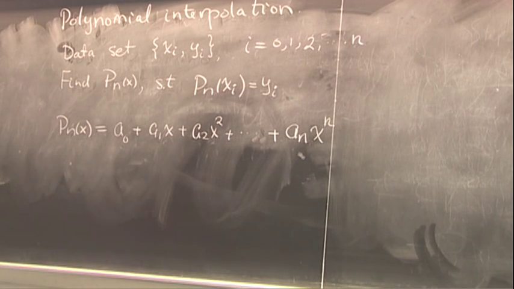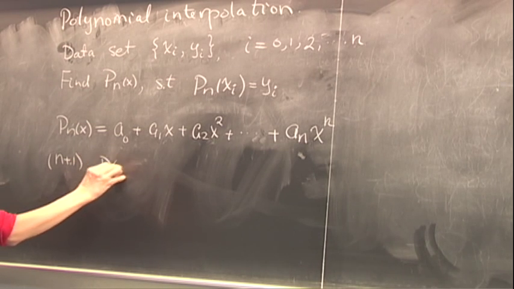So very often in numeric computation, these are also called degrees of freedom, meaning how many unknowns you could adjust to fit what you want to do. So n plus 1 degrees of freedom.